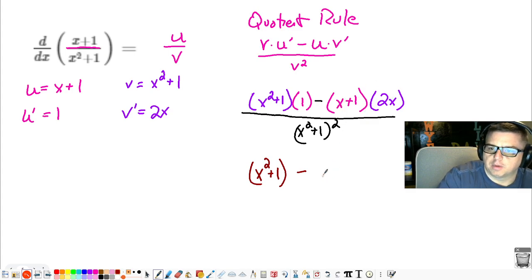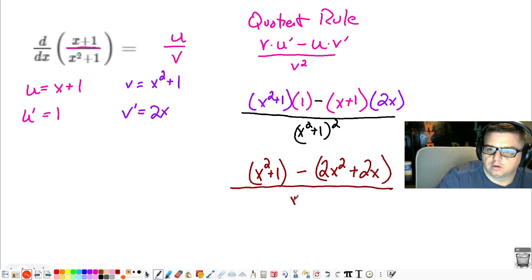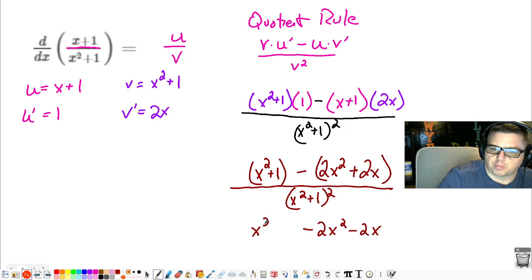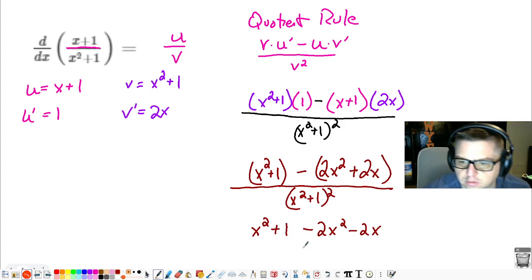Minus, now I'm going to get 2x squared plus 2x all over x squared plus 1. Distribute in the negative, so I get negative 2x squared minus 2x. Drop the parentheses on the front one. Now I can start to combine like terms.